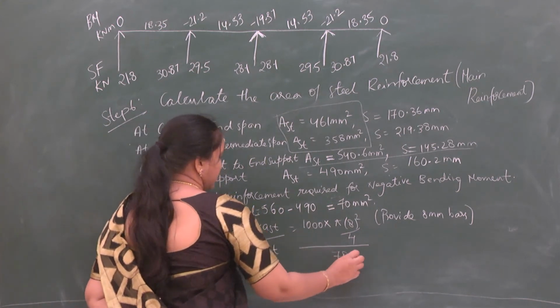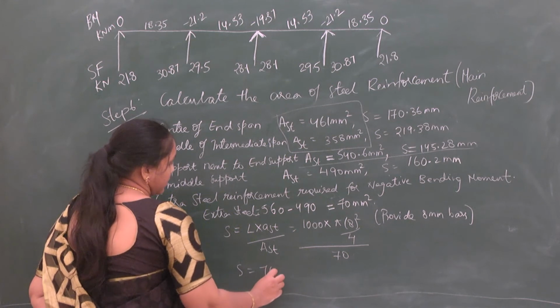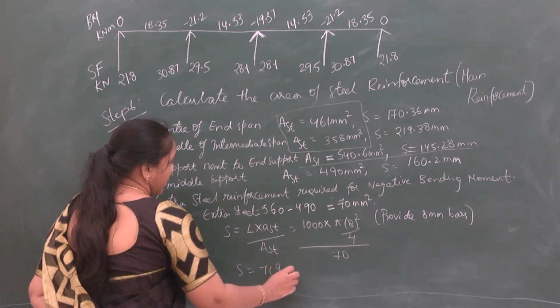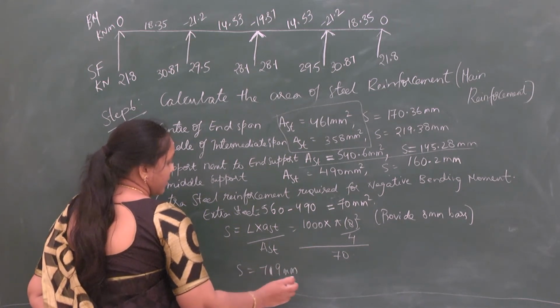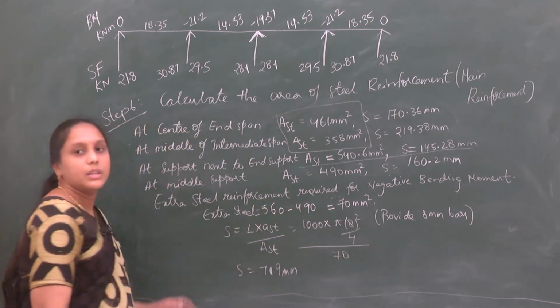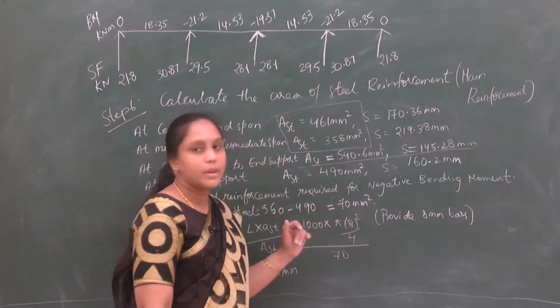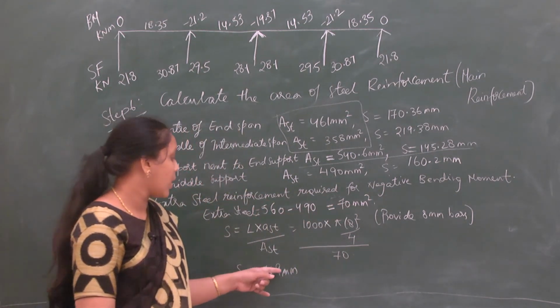Here it is 70. So from this you will get a spacing of some 719 mm.